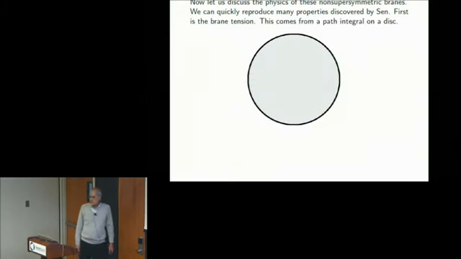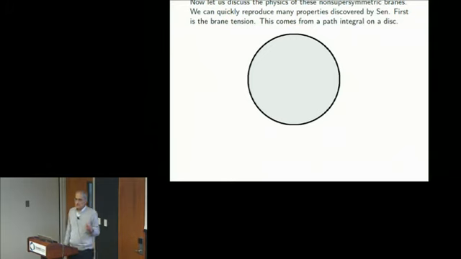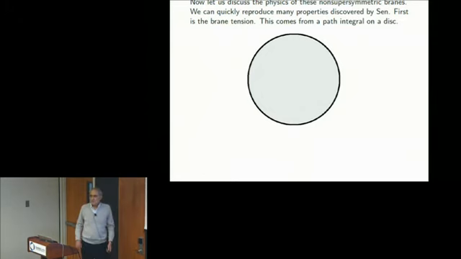Now let's discuss the physics of these non-supersymmetric branes. We can quickly reproduce many of Sen's properties. First is the brane tension. The brane tension comes from a path integral on a disk. For a non-supersymmetric Dp brane of type 2A, the bulk part of the path integral is the same as the corresponding path integral for a supersymmetric Dp brane of type 2B.